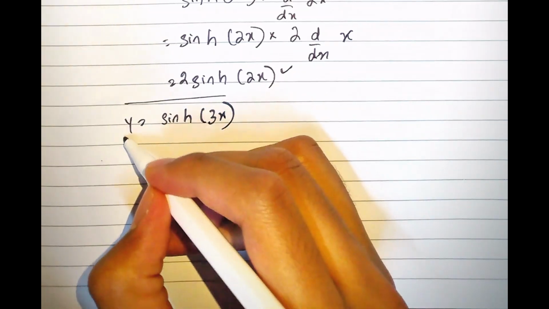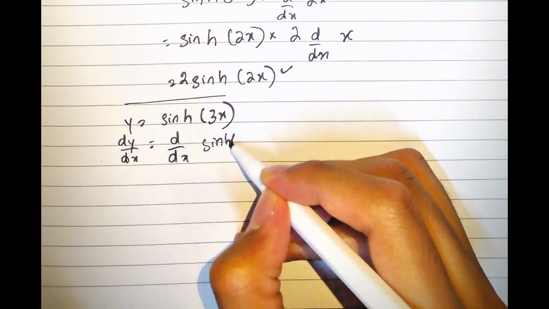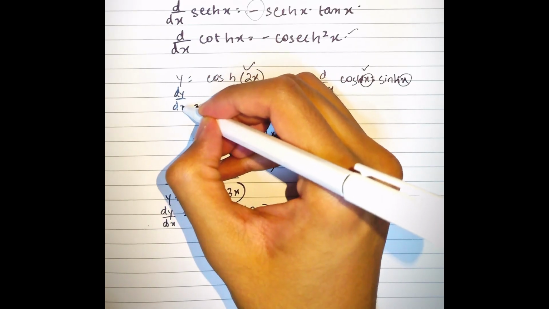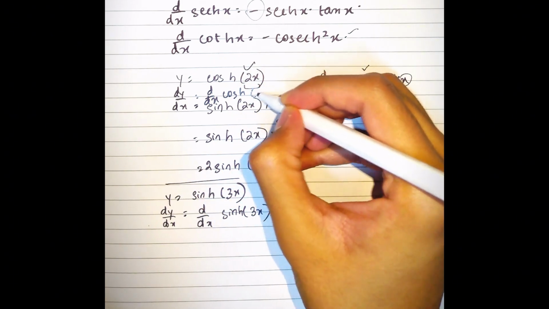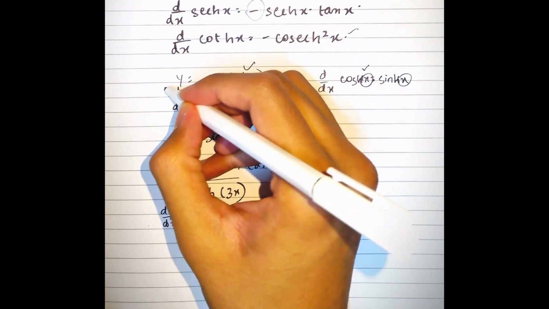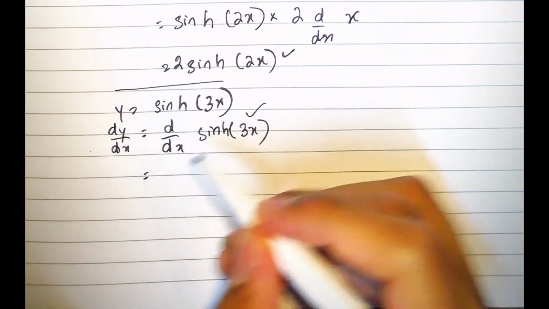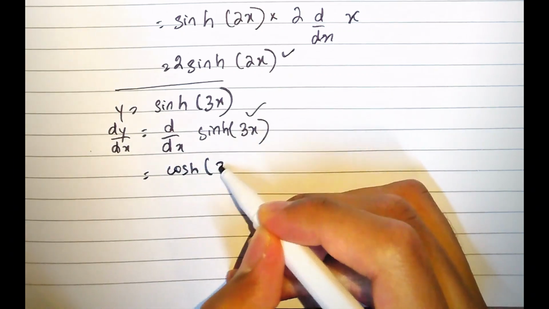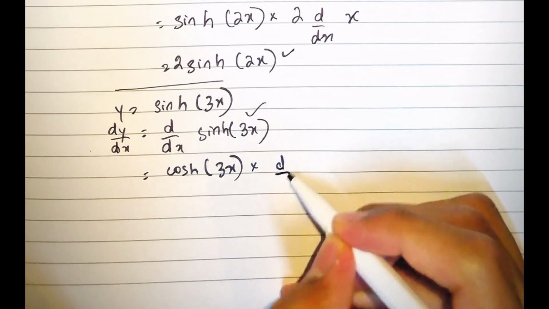Now the next one: you have to find the derivative of sinh 3x. First of all, let's apply the differentials on both sides of the equation. I made a mistake in the previous question if you compare it with this question, because I have to apply the differentials on both sides of the equation. That was the step which I missed. We know the derivative of sinh x is equal to cosh x, and again we have to replace x, so instead of writing cosh x, I will write cosh 3x, because for my situation x is actually 3x, multiplied by the derivative of the angle.